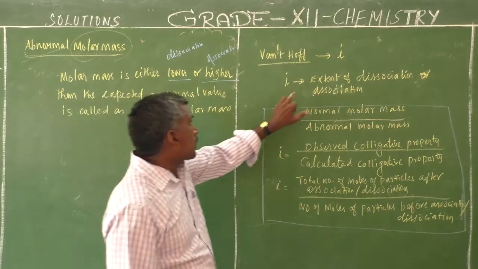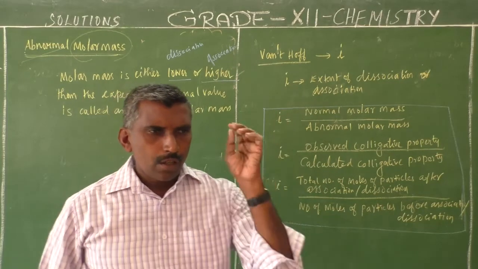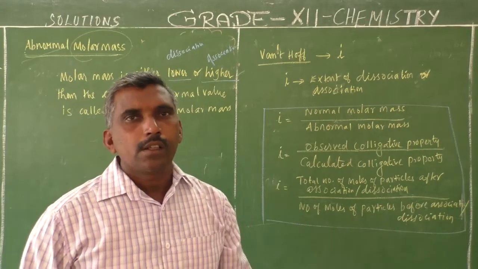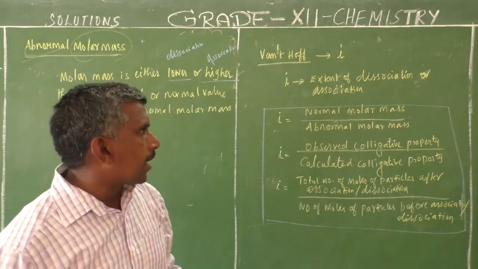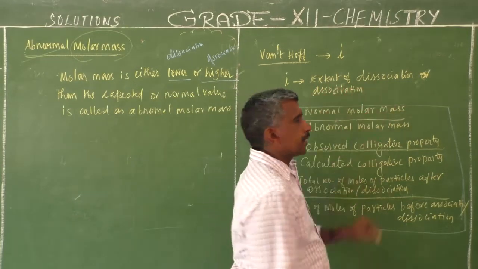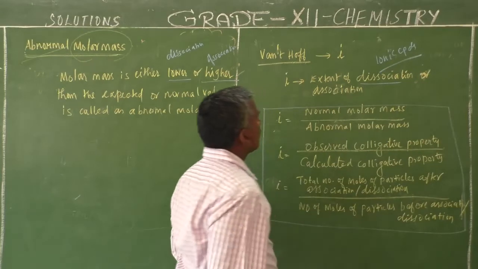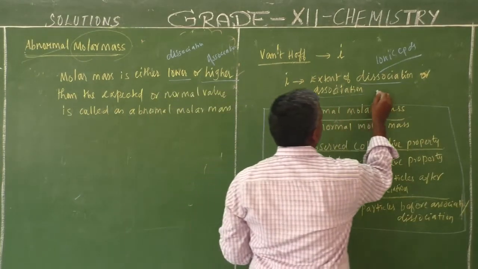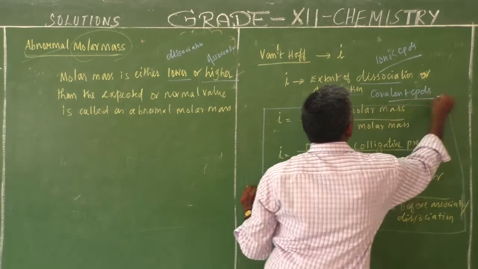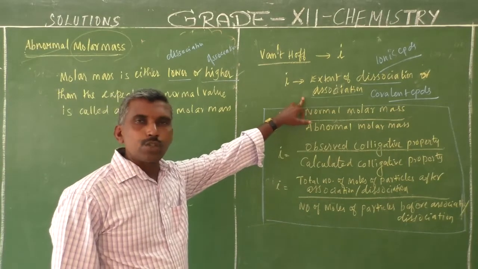Simple. First, what is the meaning of i? The extent of dissociation or association. When an ionic compound is dissolved in an ionic solvent, dissociation takes place. When a covalent compound is dissolved in a covalent, that is a non-ionic solvent, association takes place.